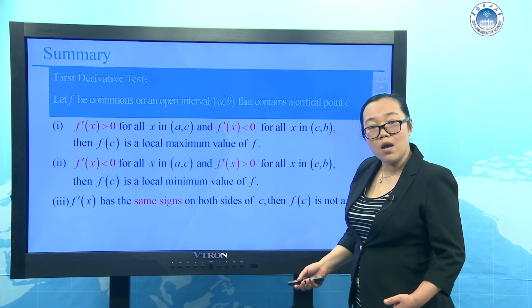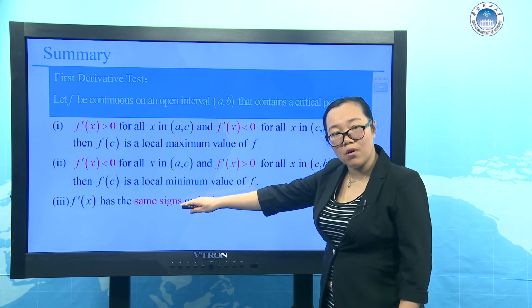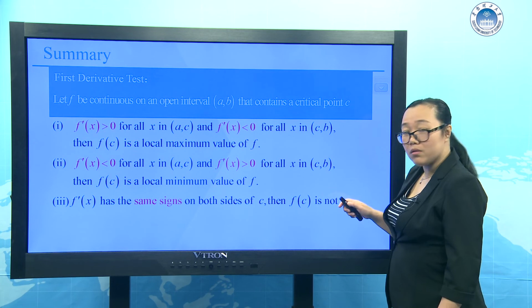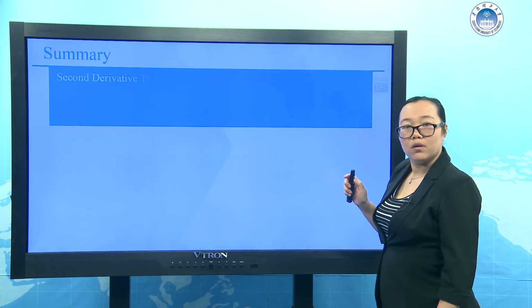Together, if f prime has the same sign, either positive or negative, at this time f of c is not a local extreme value.